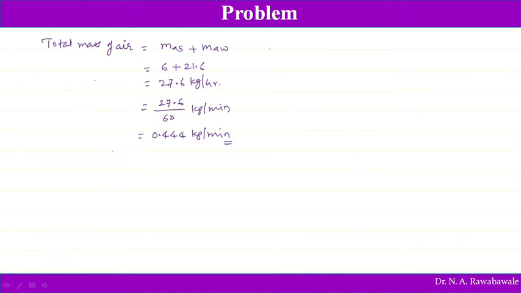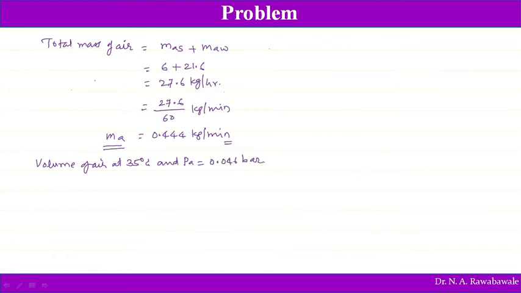So the volume of air. Now we want to find out the volume of air at 35 degrees Celsius, because this condenser is at 35 degrees Celsius, and at a partial pressure of air Pa of 0.046 bar.